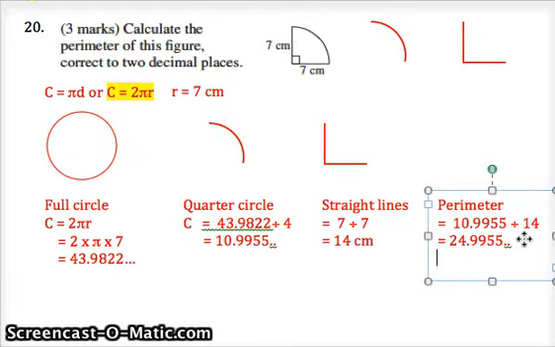24.9955. Now we need the answer to 2 decimal places. Now this one's a little bit tricky to round. If we want the answer to 2 decimal places, we need to look at the 3rd decimal place, which is a 5. Now because this 5, if the 3rd decimal place is 5 or more, you need to round the 9 up.